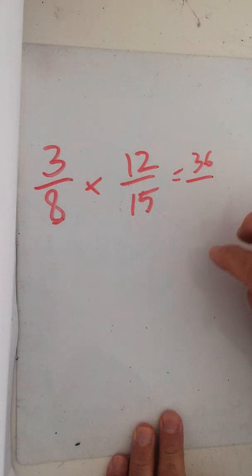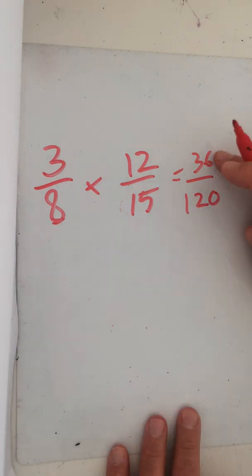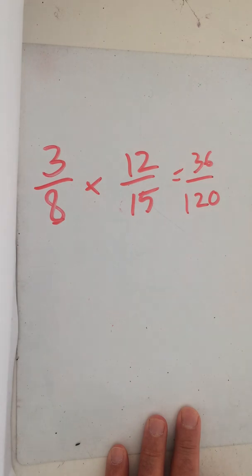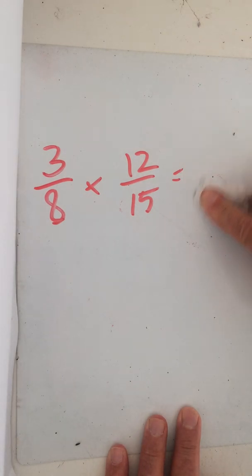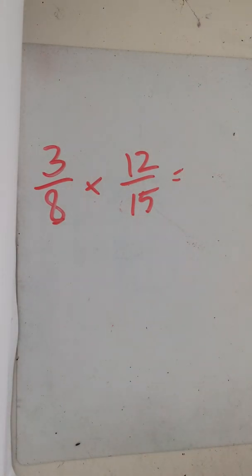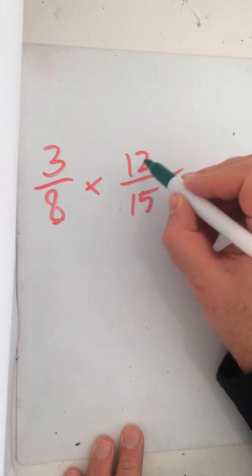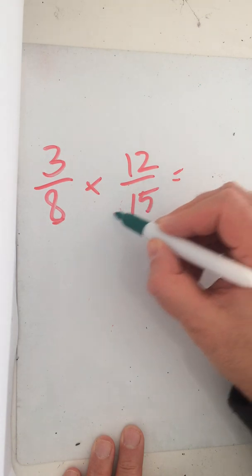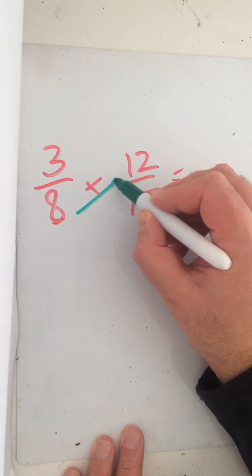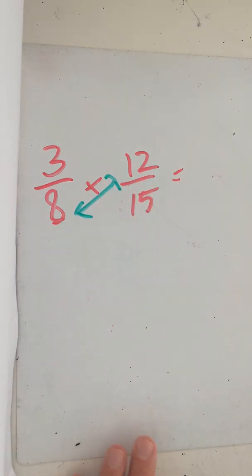Right, that's going to be 120. Okay, and then simplify from there. But again, it's a lot of work to simplify that. I could make a mistake with it. So what I'm going to do, I'm going to see, can I cross simplify? And again, I can cross simplify on both of them. Sometimes I can only cross simplify on one. Sometimes I can't cross simplify at all. Okay, only if I can.